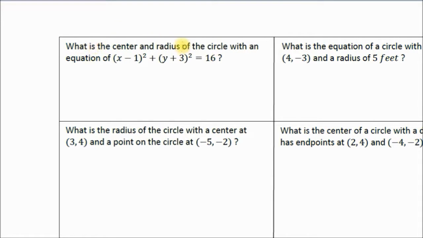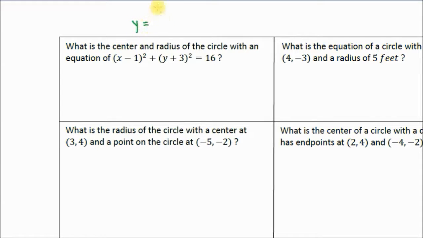What is the center and radius of the circle with an equation of (x minus 1) squared plus (y plus 3) squared equals 16? So in this case, class, let's remind ourselves on the top here what the format is of a standard form equation of a circle.